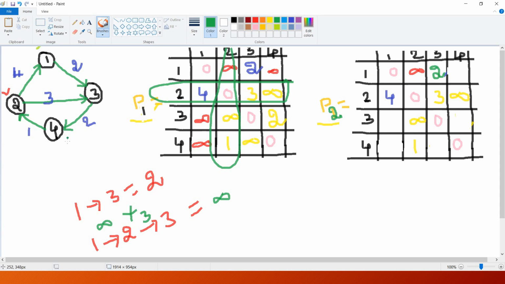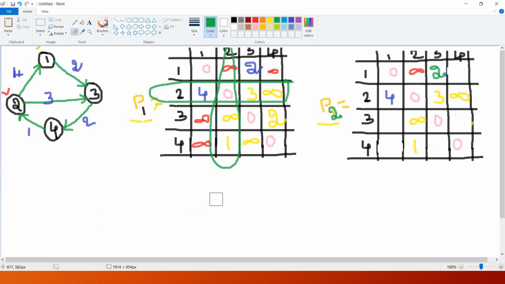Next one, 1 to 4. How much cost for 1 to 4? It is earlier infinite, right? If you observe here, infinite. So 1 to 4 we have a cost of infinite. Now I am traversing through 2.